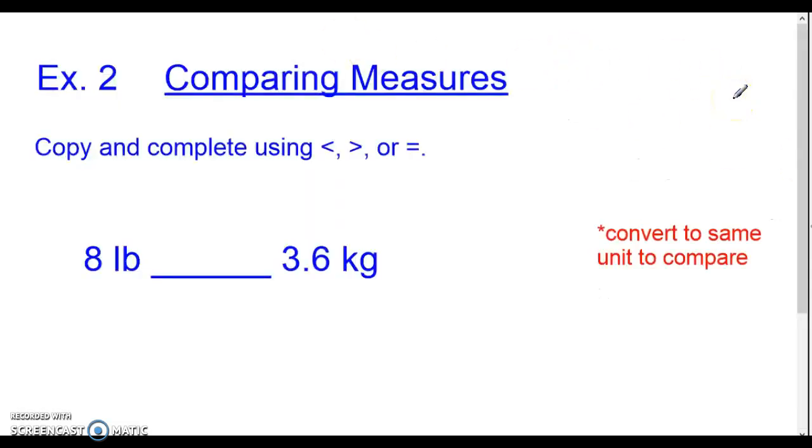Okay, so for this problem here, you're comparing pounds to kilograms. So just like we did 2 days ago, in order to compare 8 pounds to kilograms, you have to convert to the same unit in order to compare. So either change your pounds to kilograms or your kilograms to pounds.